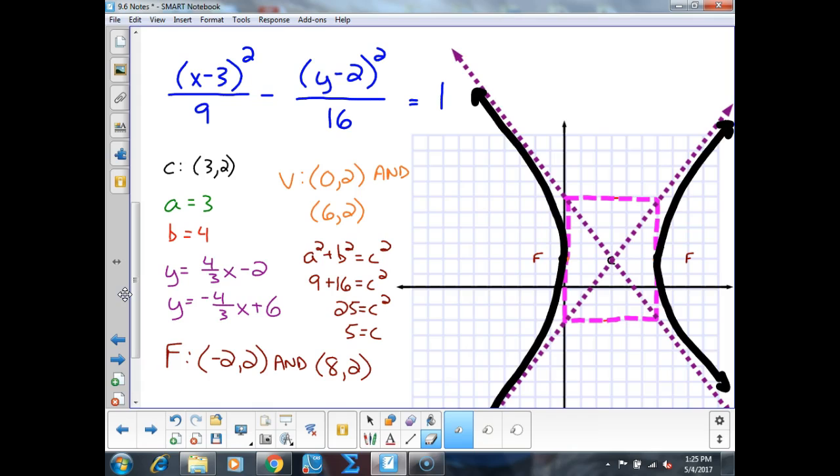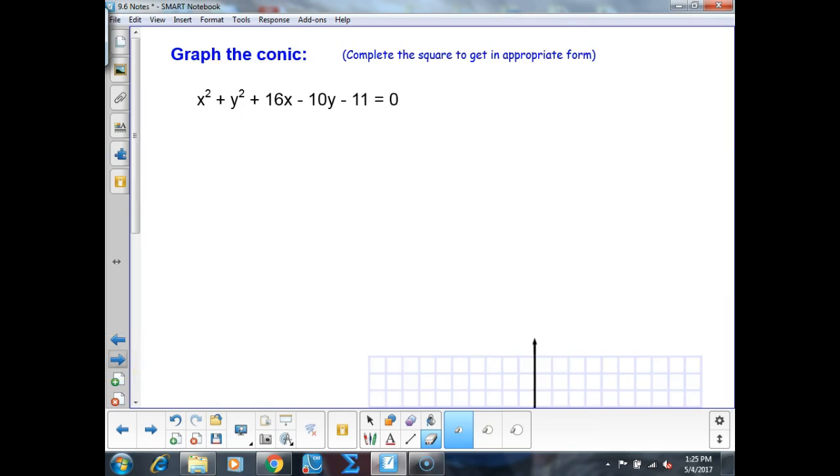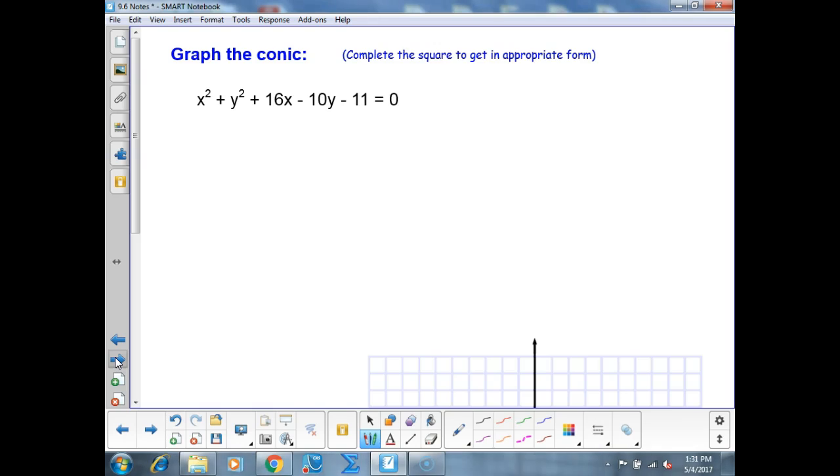Okay. Let's try one on your own. Graph that conic. First off, what kind of a conic is it? It's a circle. Why is it a circle? There's two squared terms, right? The leading coefficients are the same, and we're adding.